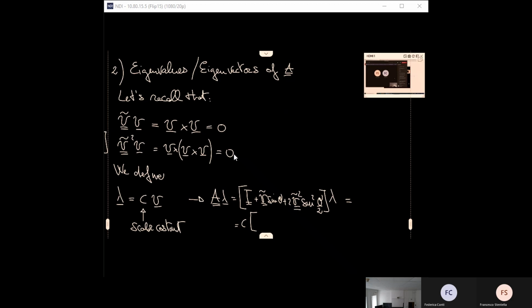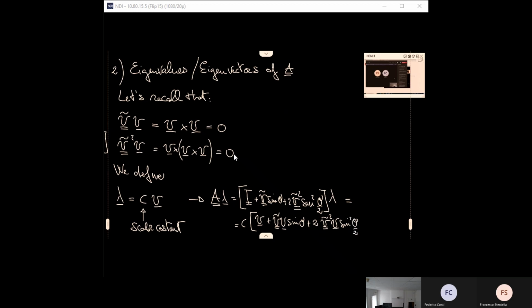So it's V. Then we have V tilde applied over V sinus of theta plus 2 times V squared tilde applied over V over the sinus squared of theta divided by 2.